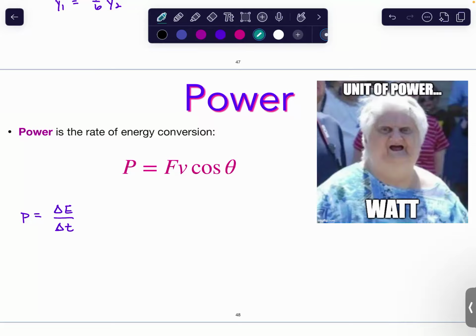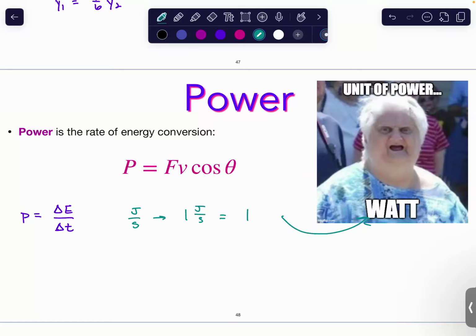And that means that the SI units of power are going to be joules over seconds. So 1 joule per second equals 1 watt. Like what's in light bulbs?